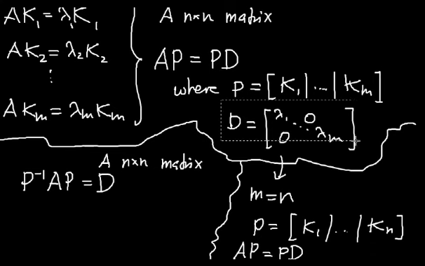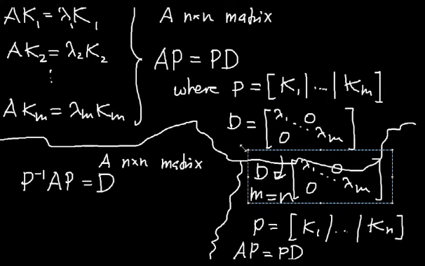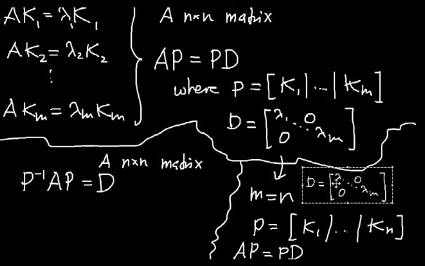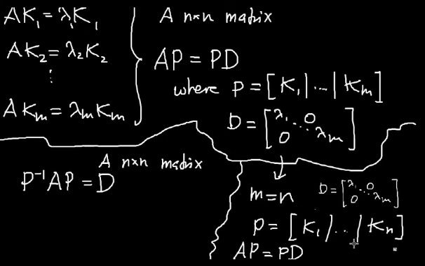Maybe I should be less lazy and copy the whole thing down here. There we go. The D is the same as before, except that the M in D is now N, right?